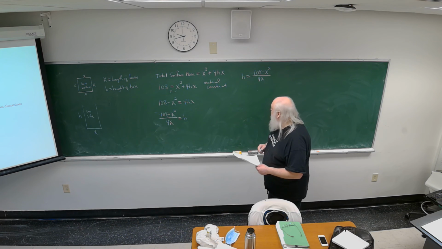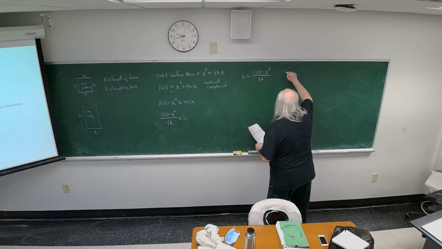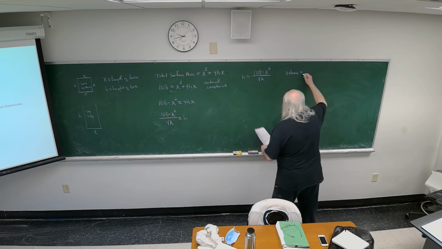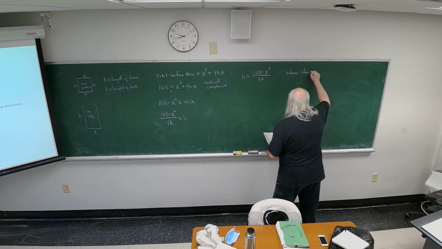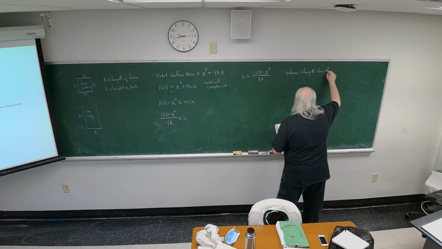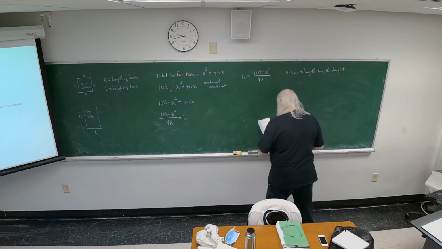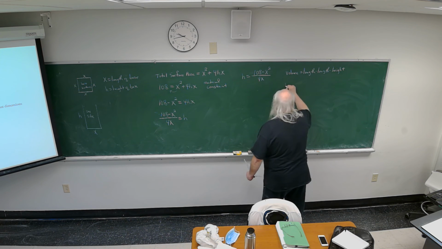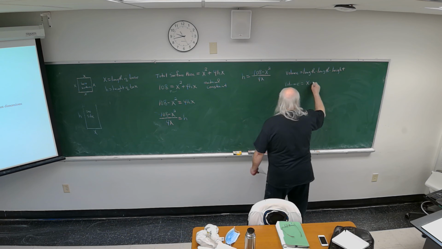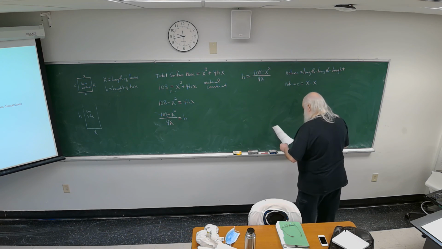Now we have to maximize the volume. Well, volume is equal to length times width times height. In this case, we have a square bottom, so we have a square base, so length times length is x times x.